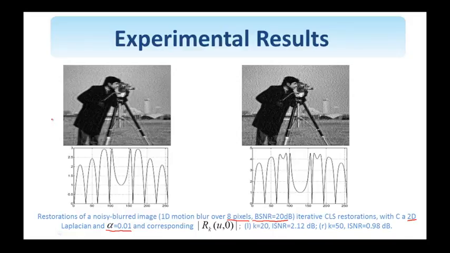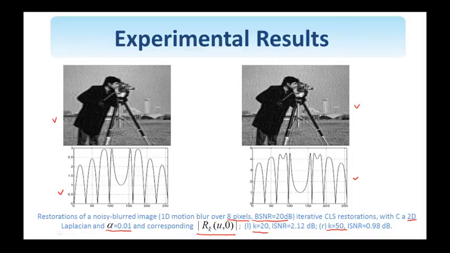On the left, we see the restored image after 20 iterations, and on the right, the restored image after 50 iterations. Below it, we show the magnitude of the frequency response of the restoration filter, which is a function of the iterations, again, 20 over here, 50 over here.